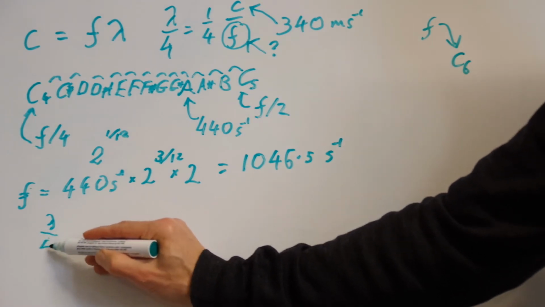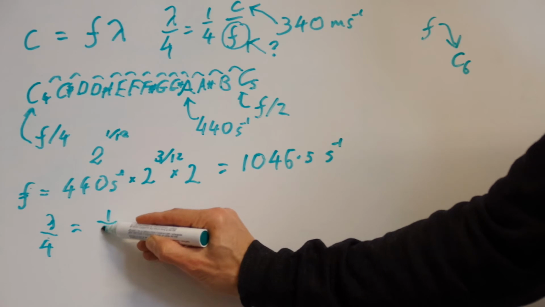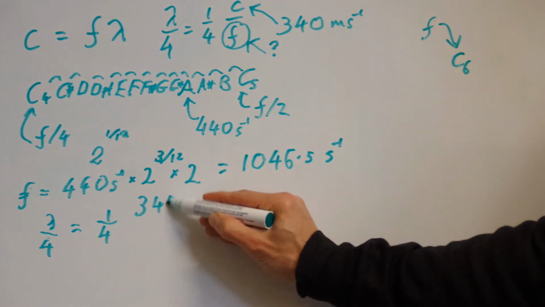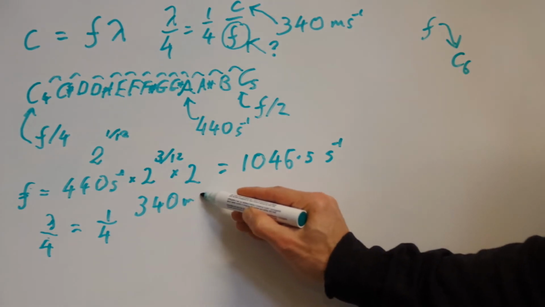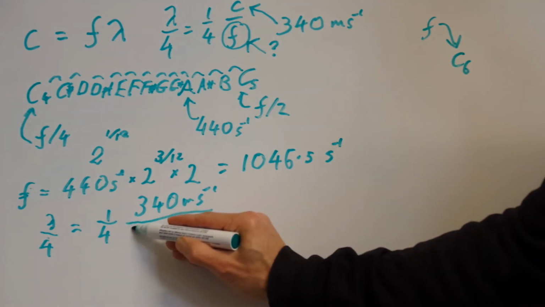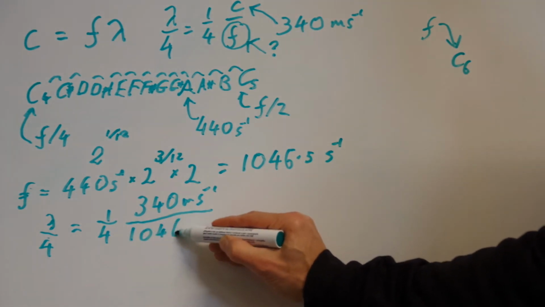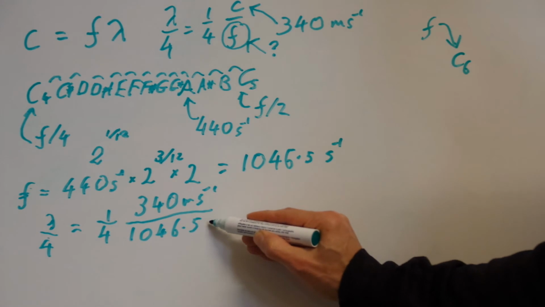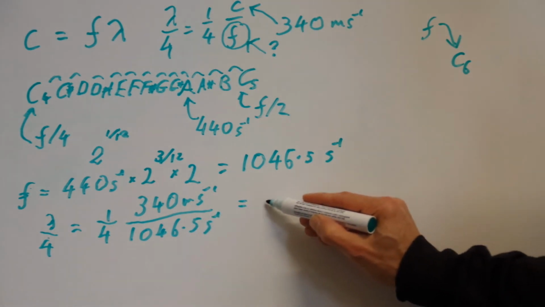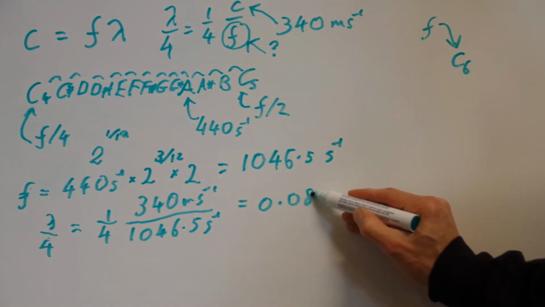Lambda on 4 is equal to a quarter, the 340 meters per second, divided by the 1046.5 we had just figured out, and that will give us a result of 0.081 meters.